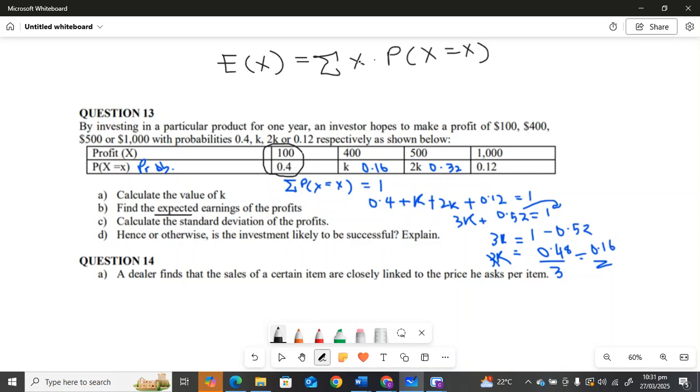That's what it's saying here. Maybe we can write this down here. Each profit multiplied by its probability. Multiply, not x, but multiply by its probability.